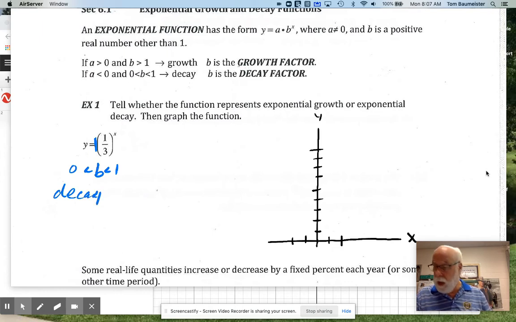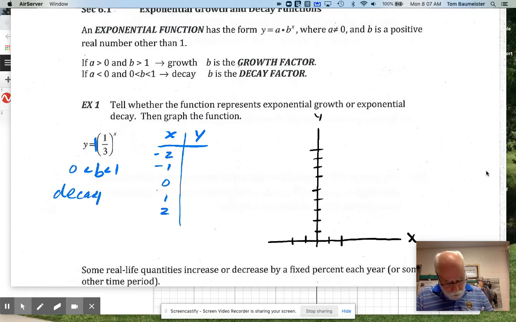Okay, so now let's go ahead and make a t-table here. I went ahead and made the graph earlier for you. I'm going to use -2, -1, 0, 1, and 2. When I take 1/3, I'll just put the first one here to show you.